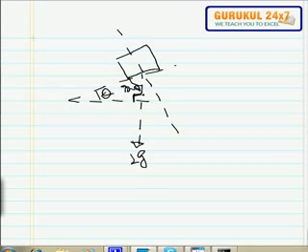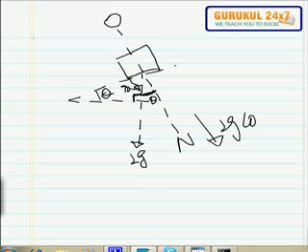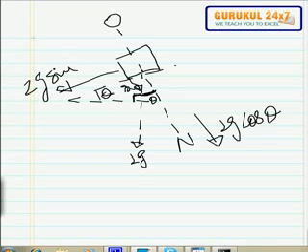If this angle is 90 minus theta, then this should be theta, because the line ON is perpendicular to the surface of the incline. So now we can have our components. The component that is perpendicular to the incline will be here, and that would be 2g cosine theta. The component which is parallel to the incline would be here, and that would be 2g sine theta.